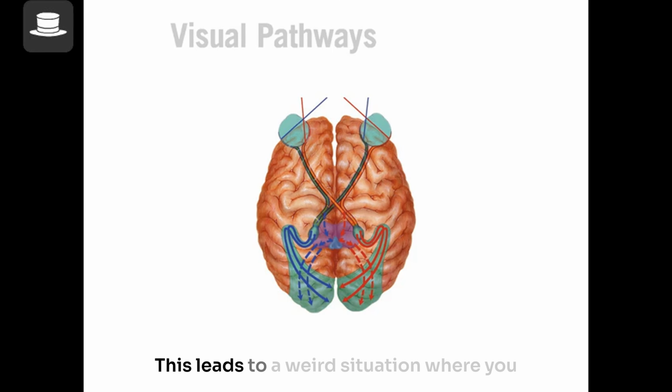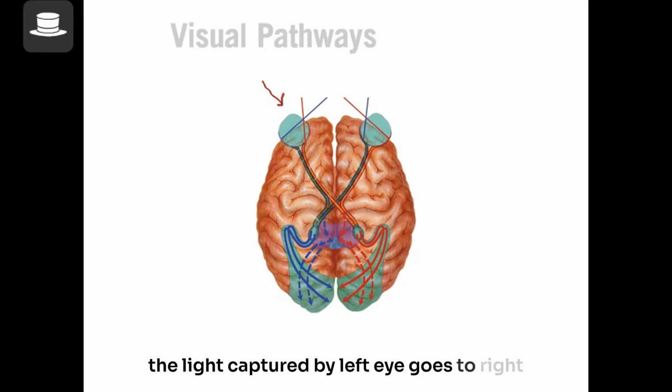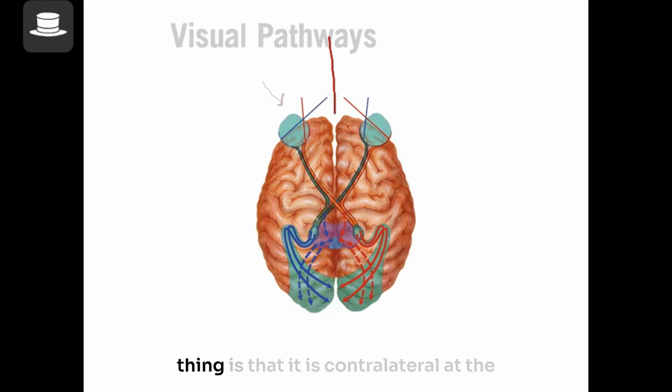This leads to a weird situation where you cannot say that the light captured by the left eye goes to the right hemisphere, because it goes both to the right hemisphere and also the left hemisphere. But the interesting thing is that it is contralateral at the level of the visual field. What is the visual field? If you look straight ahead, whatever you can see is your visual field.